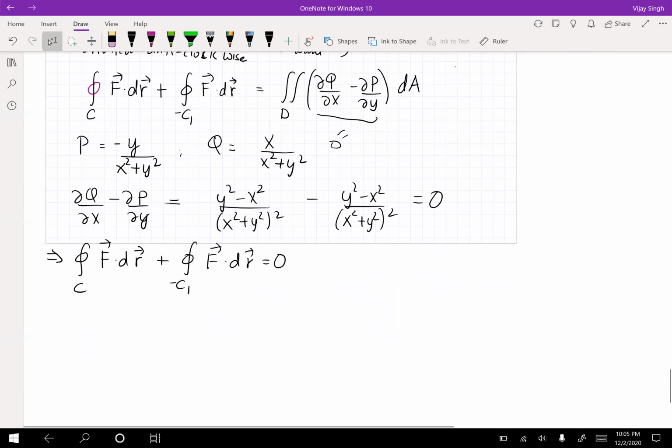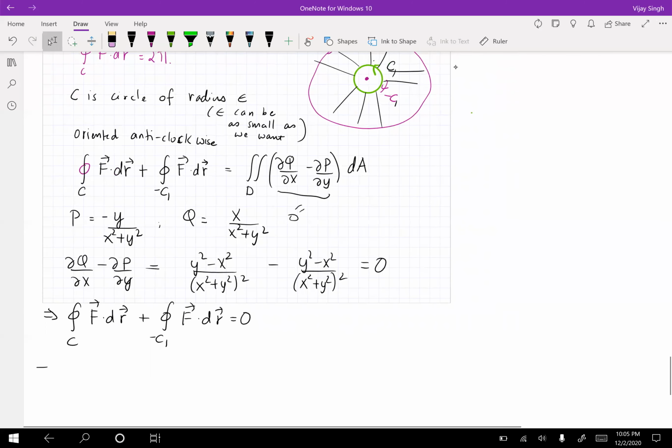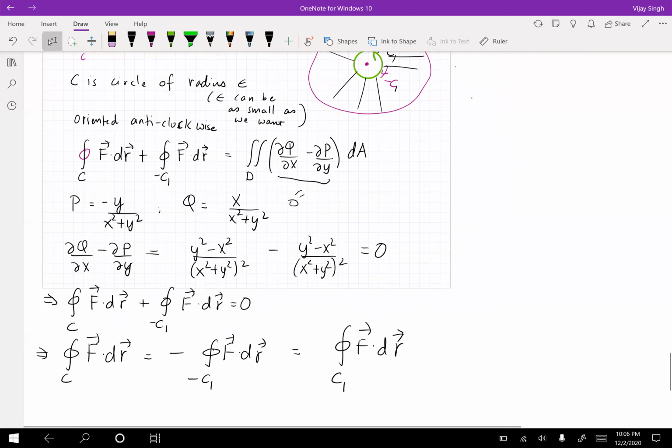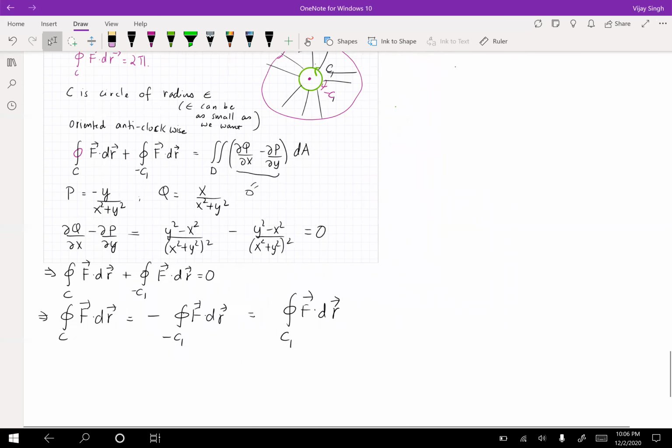Now, if we bring it on the other side, we get the integral over C of f dot dr will be minus the integral over minus C1 of f dot dr, which, well, these minuses will cancel out. We have the integral of C1 f dot dr. Now we are in business, right? But now what is C1? C1 is a circle. So now again, I'll apply Green's theorem here.